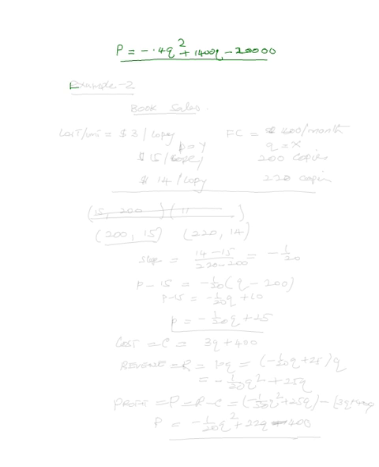Now let's look at another example, and this is a little bit different from the previous one, so let me call this example 2. In this example, we talk about book sales.